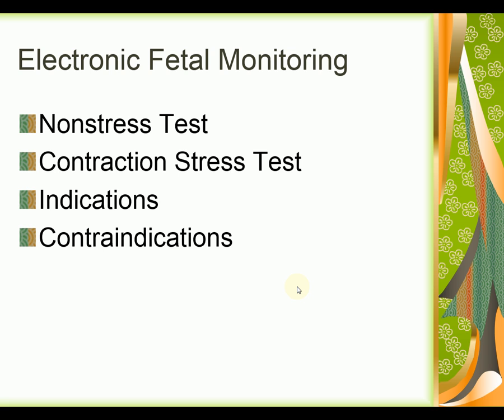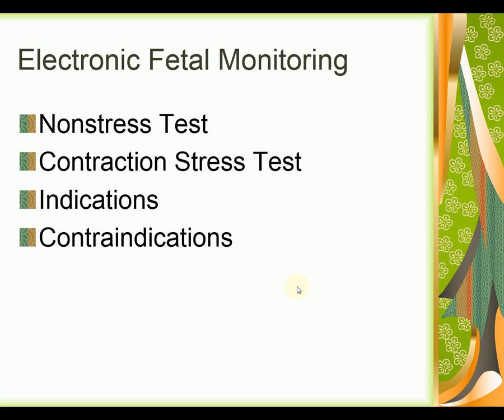But there are no contraindications for a non-stress test. The only time you couldn't do a non-stress test on someone is if they are not far enough along in pregnancy. They need to be about 28 to 32 weeks before you can actually see the fetal monitor showing you any results that you can depend upon.